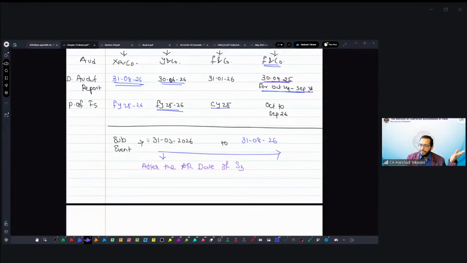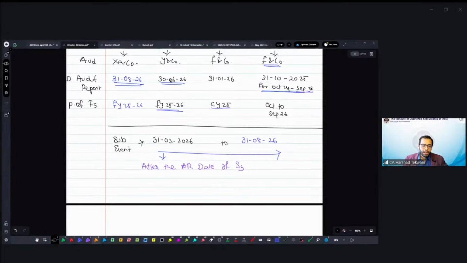That September 25 period got over, the audit report was signed. Let's say I'll extend a bit. It usually doesn't happen like this, but let's say the date was 31st October 2025, after a month. Again, that is also after the date of audit report of subsidiary 3.